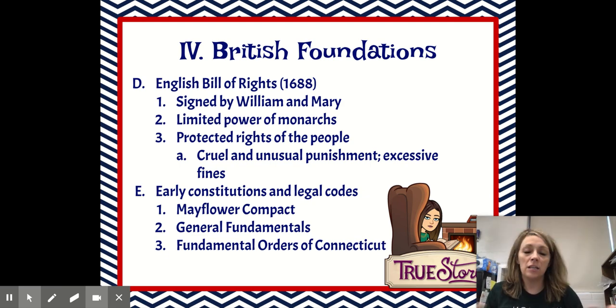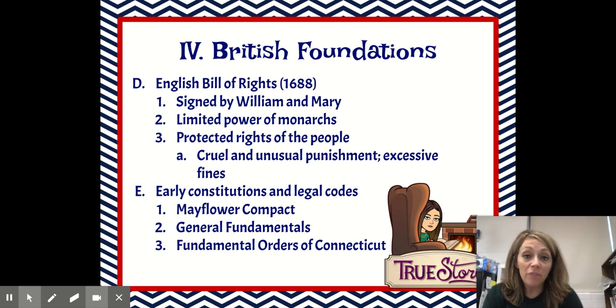So they realized they needed to draft some sort of government, and we have the Mayflower Compact. The big thing about this one is that the men on board the Mayflower basically signed their names, representatives of their family, and said, we're going to stick together. We're going to work together. We're going to protect each other as we set up this new settlement.